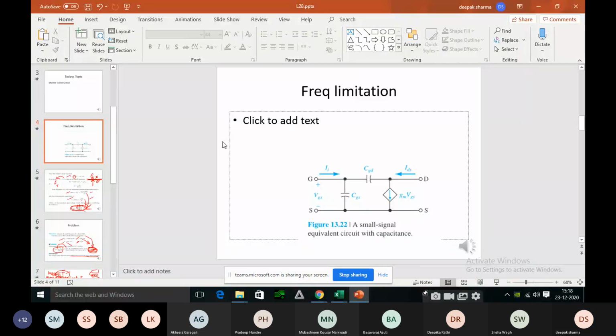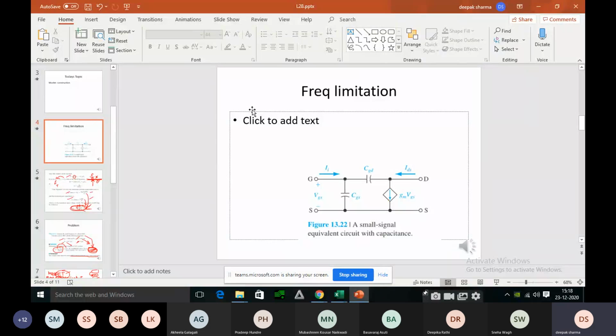Why? Because frequency is inversely related to time. Whenever the term frequency comes, time will definitely come there, and that time itself is responsible for limiting the frequency, because if the time is more and more, the frequency will be less and less. If the time is less, the frequency will be more, right? So that channel transit time is responsible for frequency limitation.